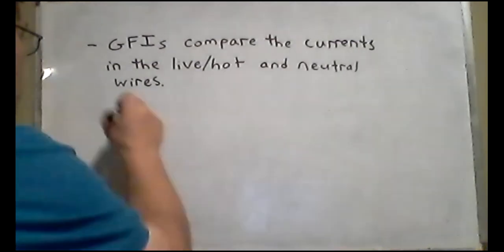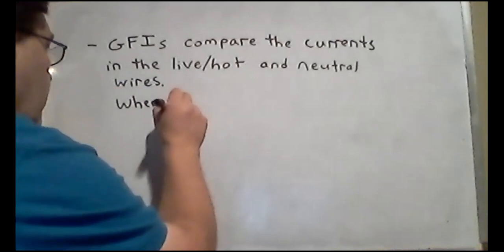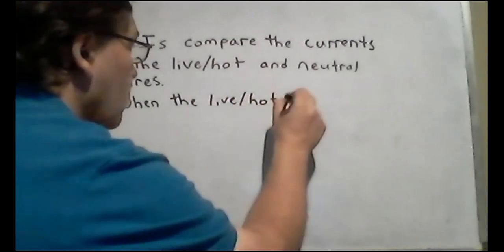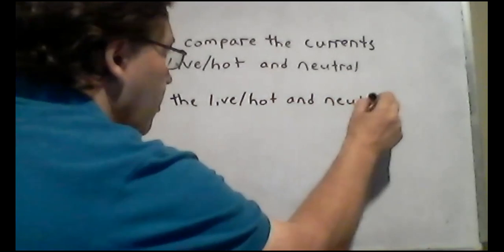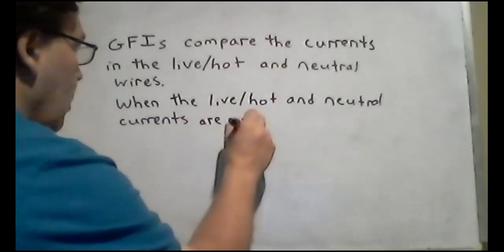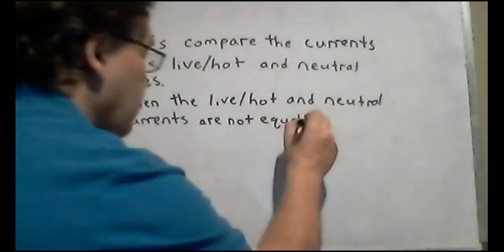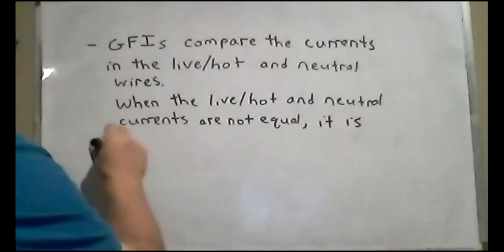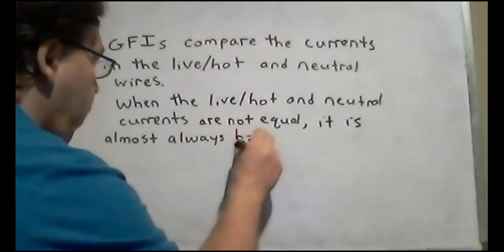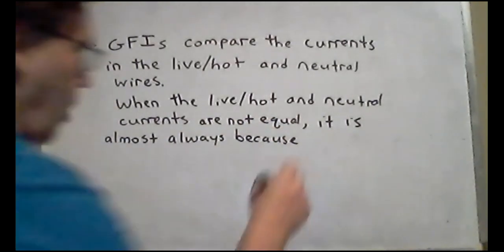Essentially, when the live, hot, and neutral currents are not equal, it is almost always because the current in neutral is less than the live hot wires.